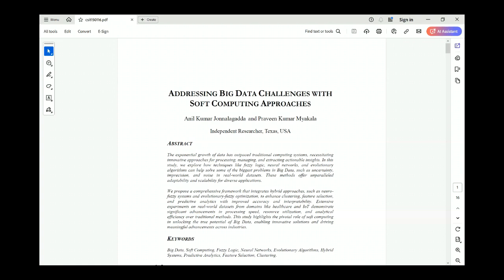With the results we have seen and mentioned previously, we can confirm and conclude that the framework Praveen previously demonstrated can drive actionable insights in diverse fields with soft computing. So the traditional challenges we face with big data can be easily overcome with this approach.